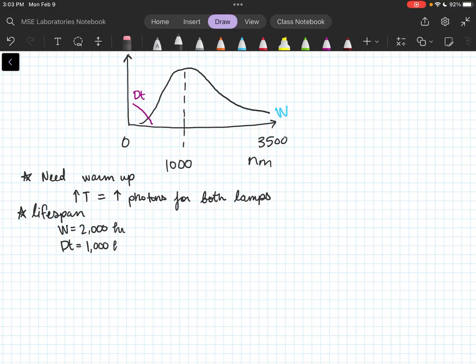Our deuterium lamp lasts for about 1,000 hours. And the total lifespan of any given lamp is going to depend on the power that you're using it at, how frequently you're turning it on and off, and the exact way that that lamp was manufactured. So there's going to be plenty of differences from lamp to lamp, but that is how ours works.